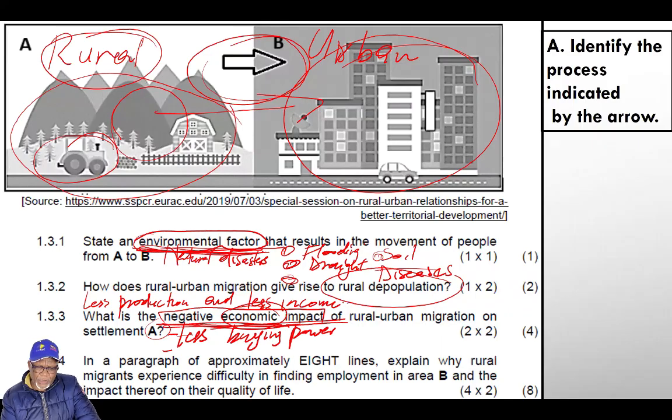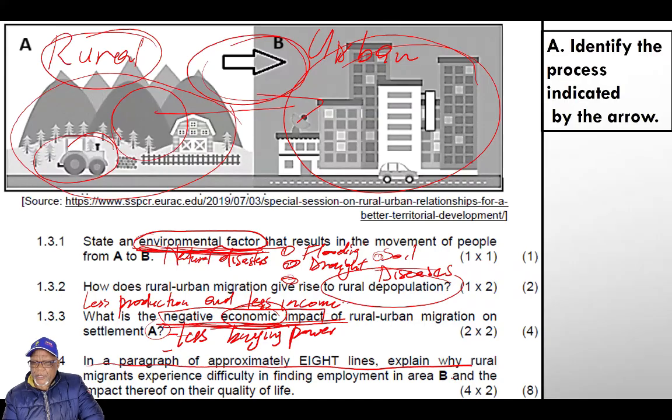Now let's look at the next question. It says, in a paragraph of approximately 8 lines, why do rural migrants experience difficulty in finding employment in area B? So this question wants, why will people that move from rural areas to urban areas not be able to find jobs there?